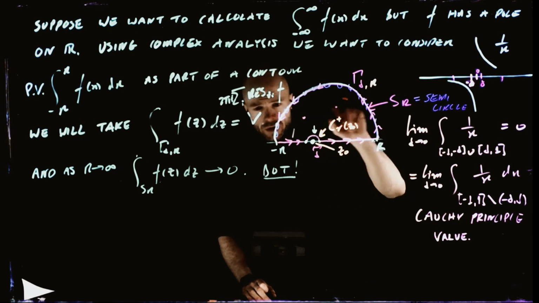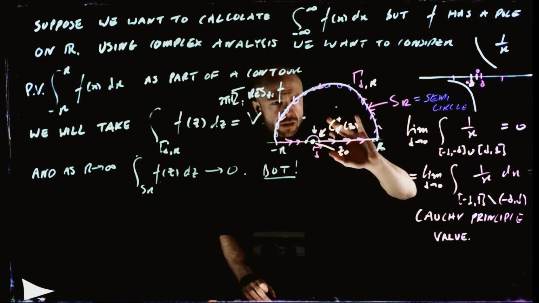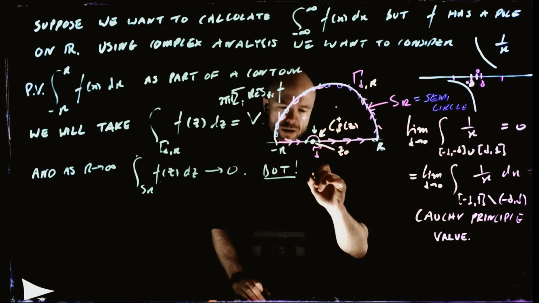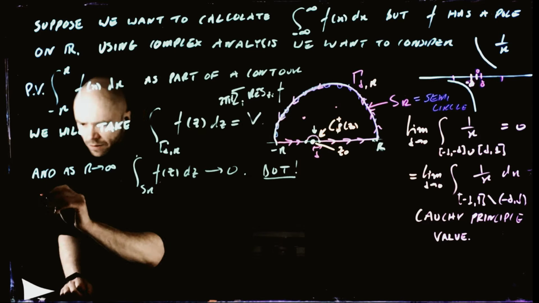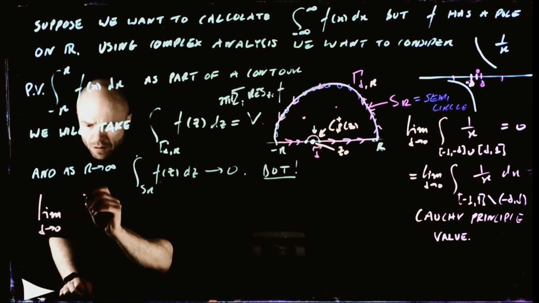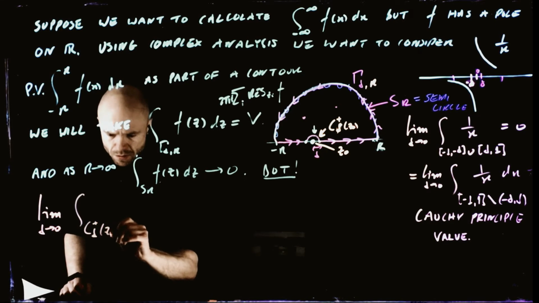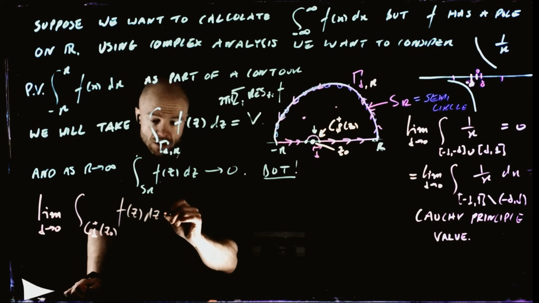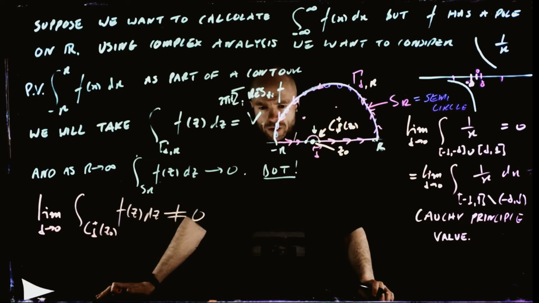So that's the upper semicircle of radius, not r, delta, around z0. But this thing, the limit as delta goes to 0 of the integral around this guy, is not equal to 0. We can't just ignore it.